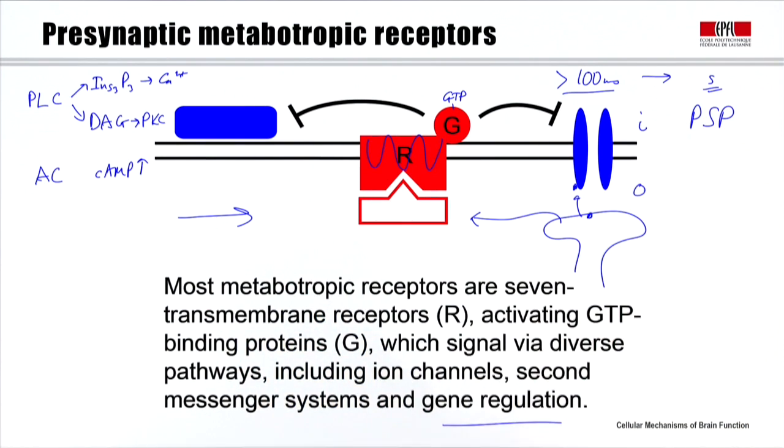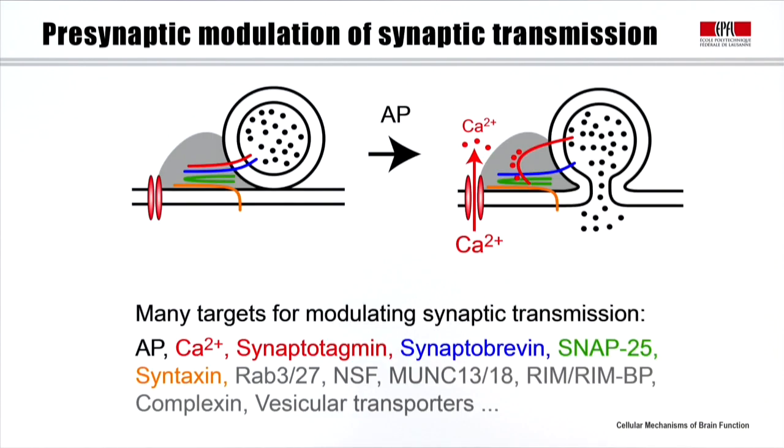They couple to many different signaling pathways, and they operate on longer length scales because of the diffusion of messengers to these receptors, and also on longer time scales because of the greater complexity of the intracellular signaling machinery being activated. There are, of course, a large number of targets that we've already begun to think about in terms of the coupling of the action potential to neurotransmitter release.